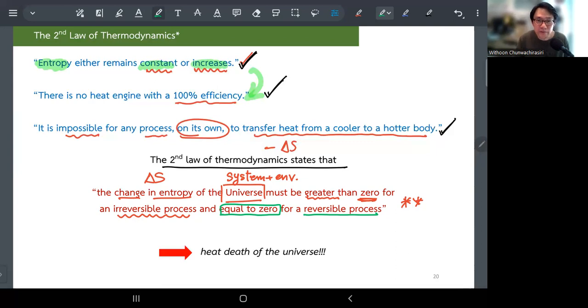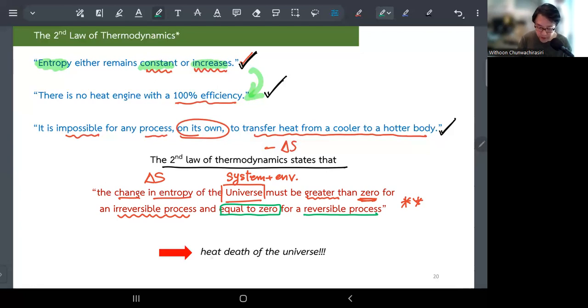So what I'm saying over here is even the real universe is expanding. Now this is the real universe. The universe is expanding. So that means, if you think in terms of volume, now you have greater volume. So this means our universe actually increases in entropy because this process is irreversible, I guess.